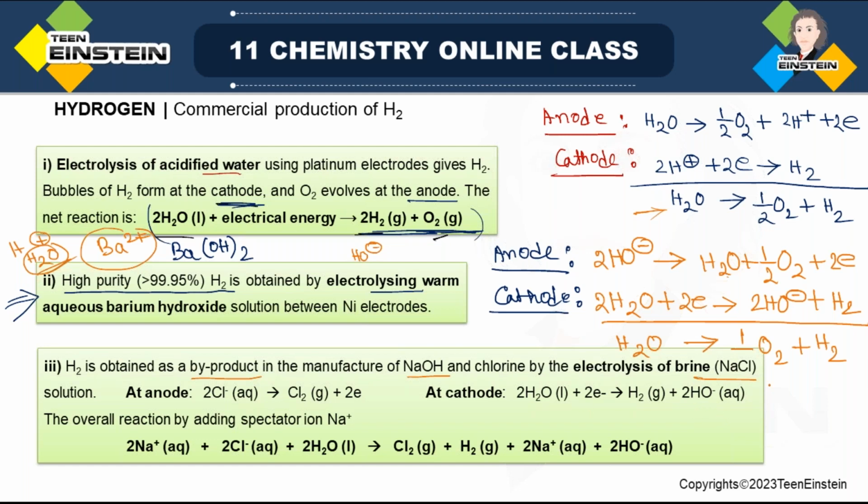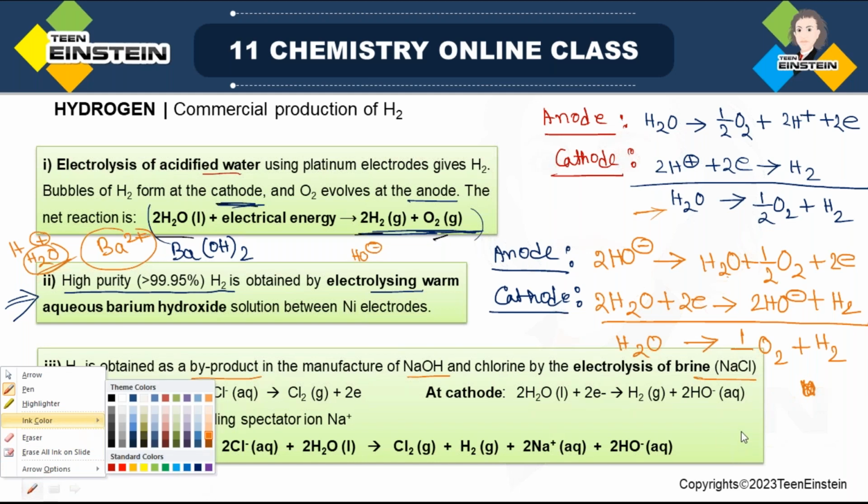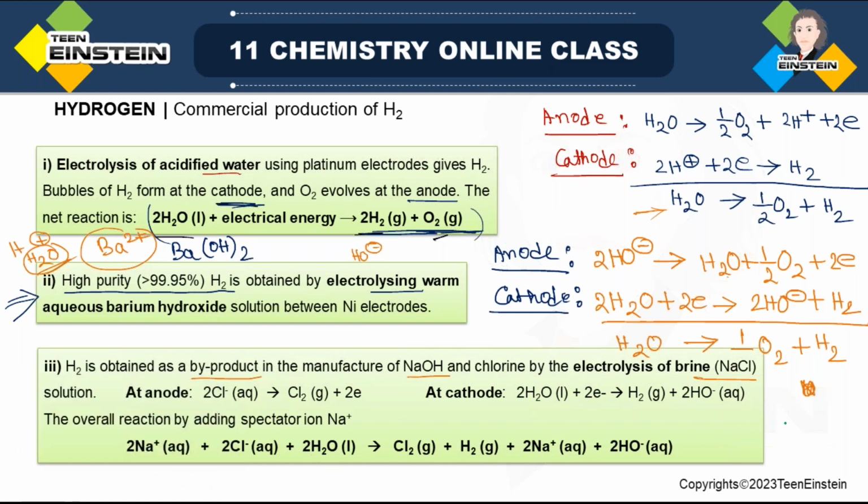So in this case, as there is presence of water, presence of Na and Cl. So the cations that will be present are Na plus, H plus. Anions present are Cl minus, HO minus.